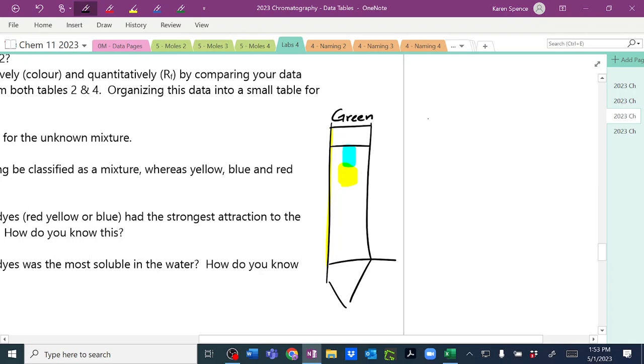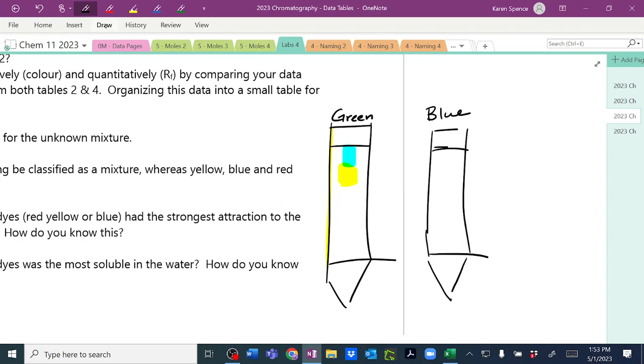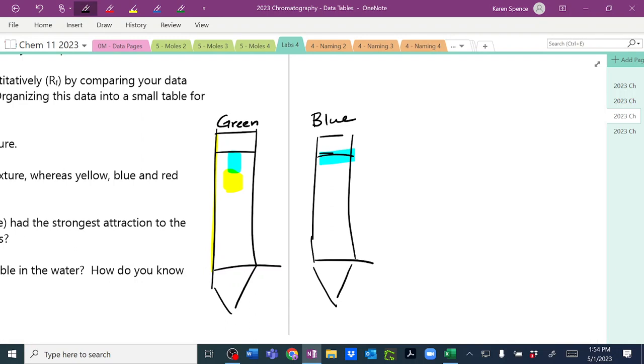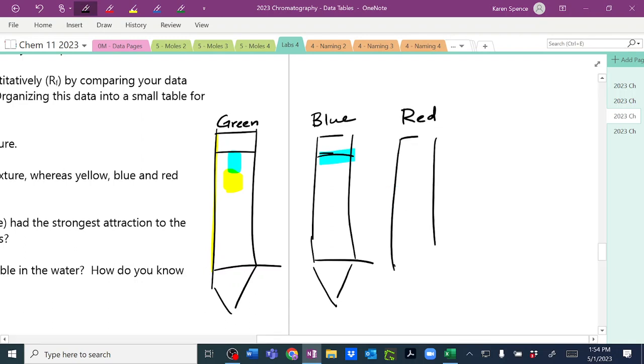Now when we ran the blue chromatogram, what did we see? Someone who did blue. Who did blue? What did you see? Blue. And when we had a red, we saw red.